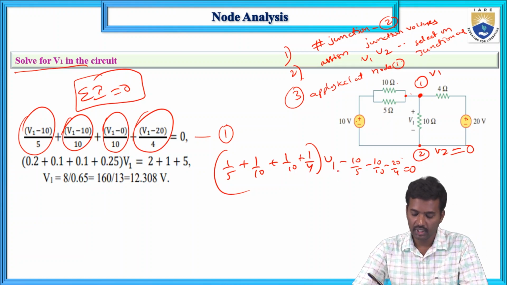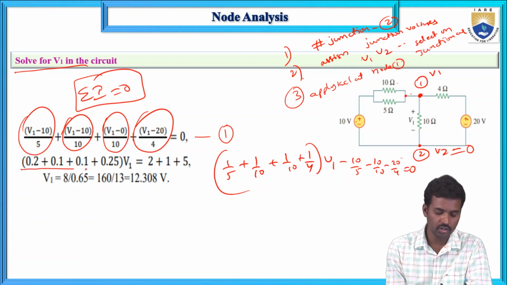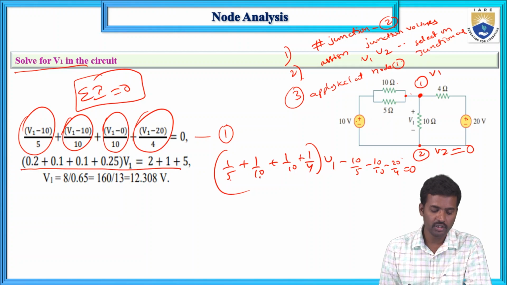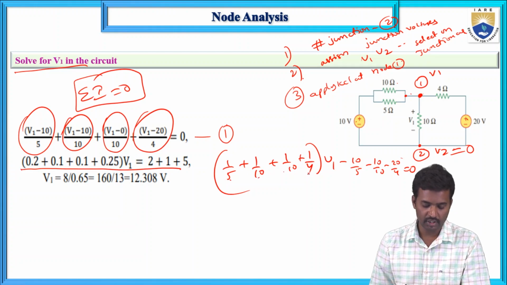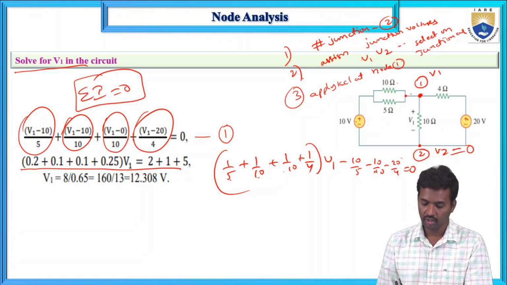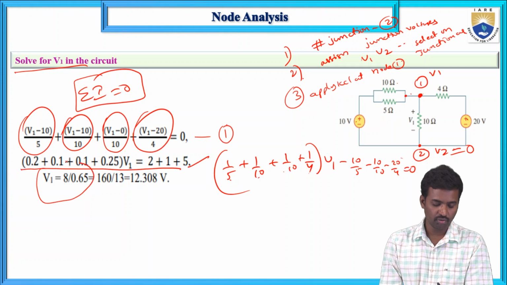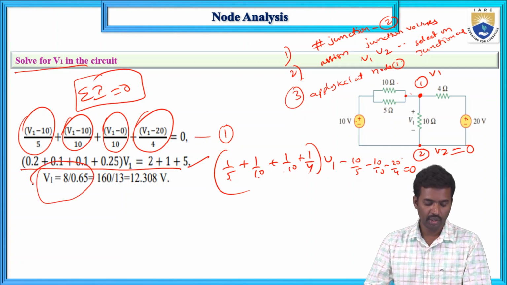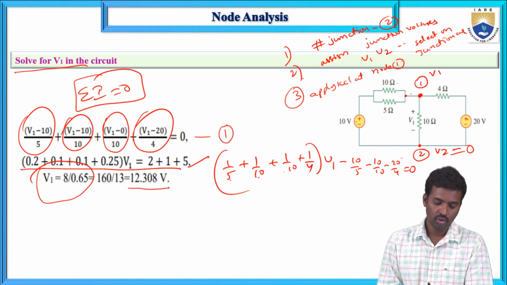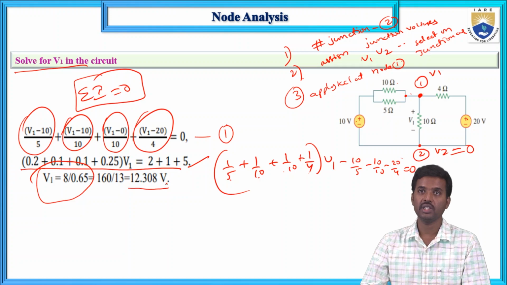So now this equation is 0.2, 0.1, 0.1 and 0.25 into V1. This is 2, 1 and 5. Now if you simplify this one, V1 equals 8 by 0.65, that equals 160 by 13, that equals 12.308.